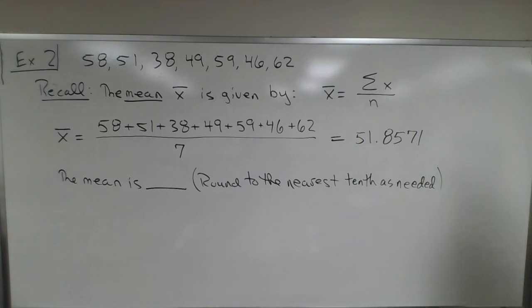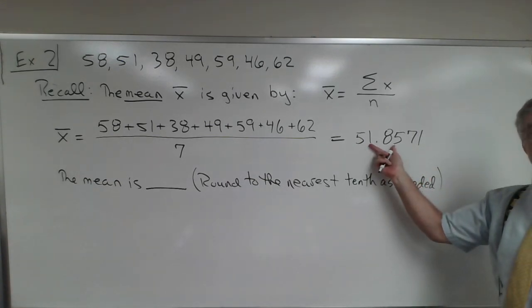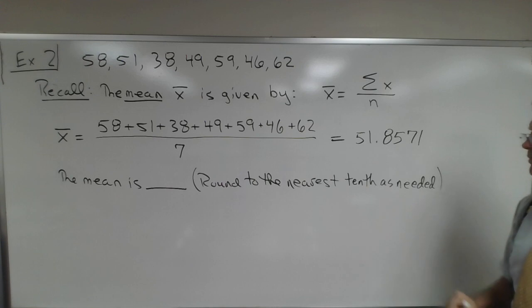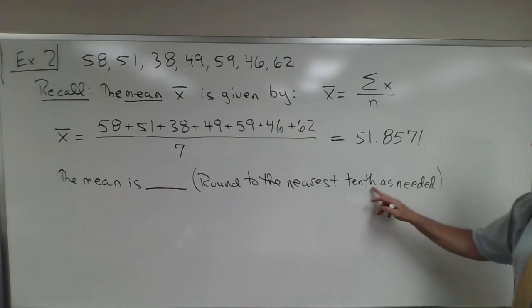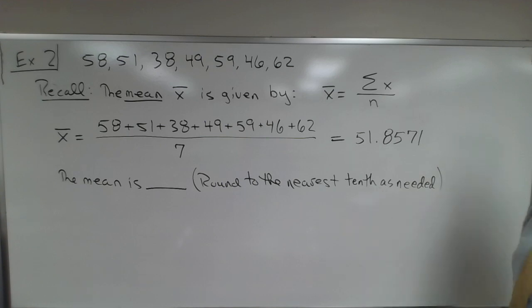And I have no doubt that some of us got this far and we got this correct, but we lost credit on the exercise because maybe we didn't know how to round to the nearest tenth.